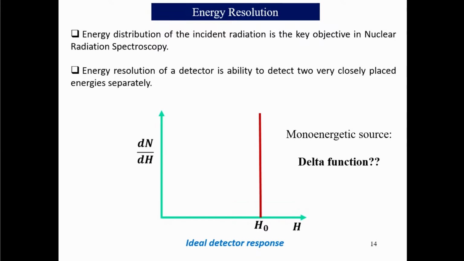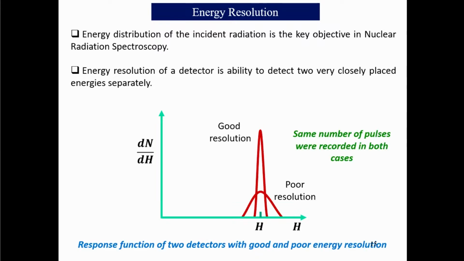So, can I say that every time this radiation interacts with my detector material, if it produces an equal number of charges every time and all the charges are effectively collected, then in principle I should get a delta function kind of pulse height spectrum, because every time I should have a pulse of the same height. But in real life it is not so simple. In real life you do not get a delta function, but you get a distribution that we already saw in the practical of GM counter statistics, right.